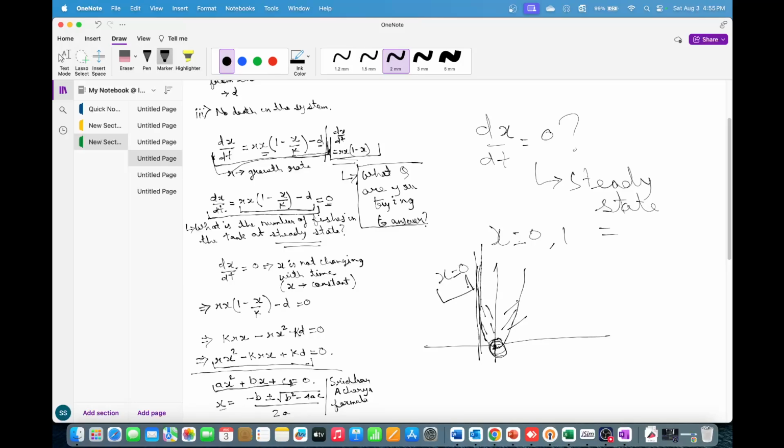So x equal to 0 will become your unstable steady state and x equal to 1 will become your stable steady state. Both are steady states. If you want to define stability, you have to check around x equal to 0 and x equal to 1 whether your system is converging or diverging. Okay?